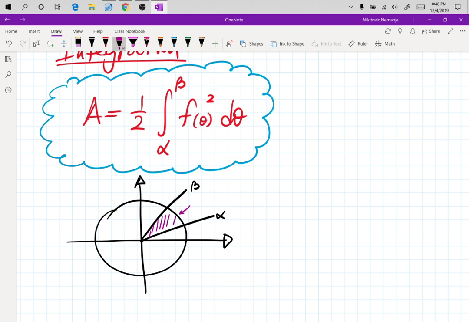This function here is your r, function r, which is f of theta. That's the one you are squaring. Alpha and beta are angles because these limits are now angles.